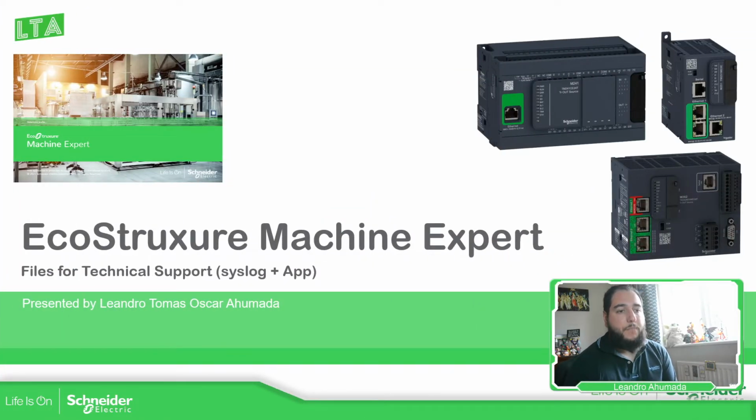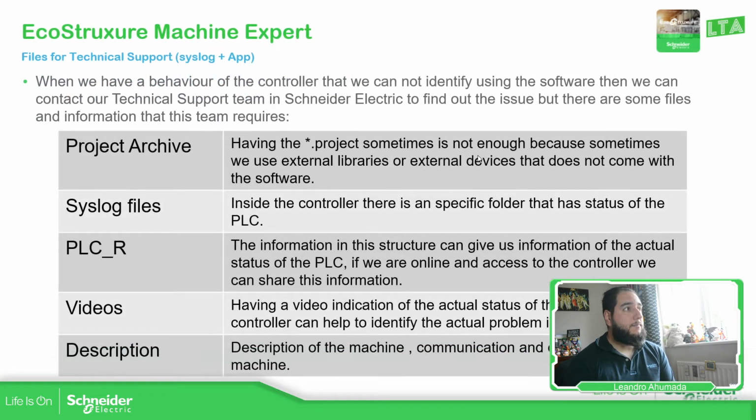So basically, what we have is the Syslog files and your application, but I'm going to show you how you can prepare the files for us. Basically there are 5 things. We need the project archive, which is a way to save your projects.